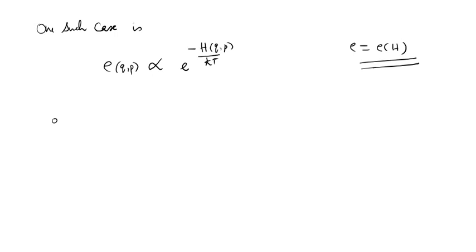Or I can rewrite this, avoiding the functional dependence, by replacing the proportionality with some constant rho 0.